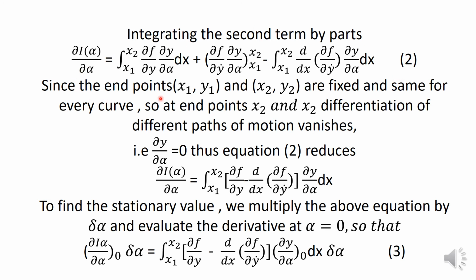Since the endpoints (x1, y1) and (x2, y2) are fixed and the same for every curve, at endpoints x1 and x2 the differentiation of the different paths of motion vanishes. That is, ∂y/∂α is equal to 0.